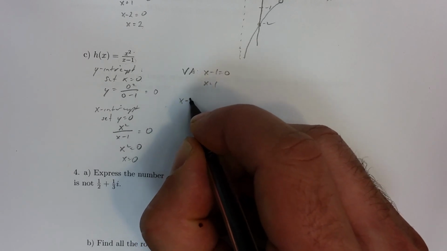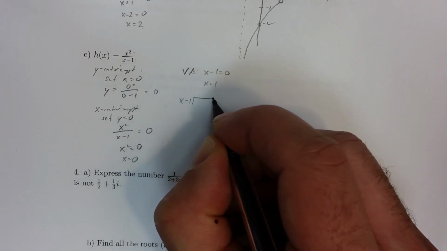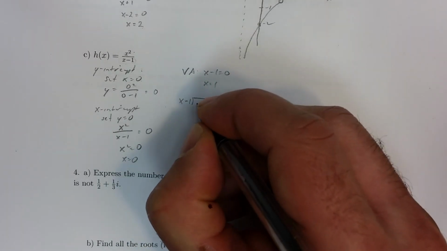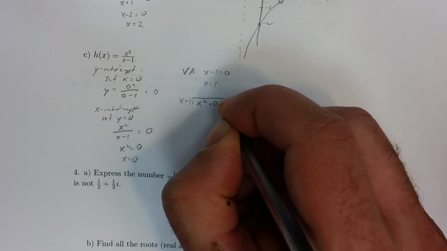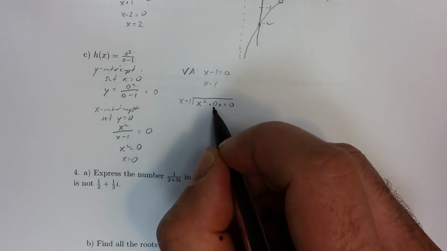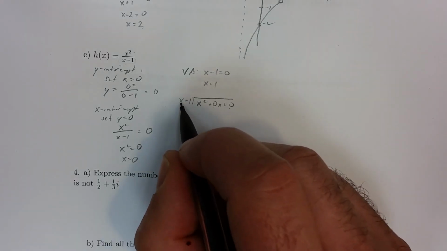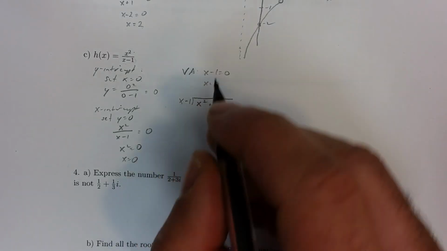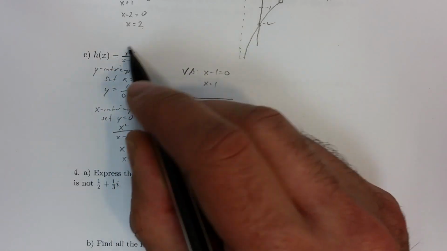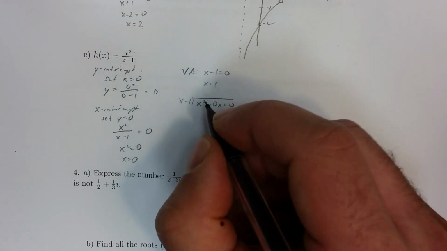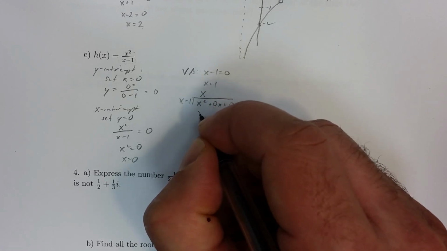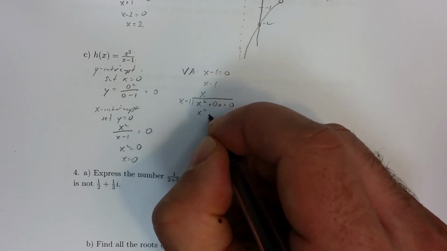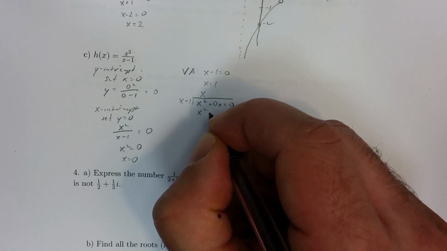So x minus 1 goes into x squared plus 0x plus 0. I'm putting in the x term and the constant term. So x goes into x squared. Now, don't expect this to come out even. That's the whole point. So x goes into x squared. x times x is x squared. x times minus 1 is minus x.